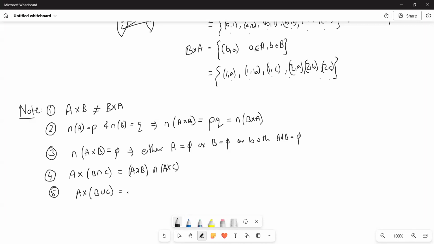A cross B union C is A cross B union A cross C. Sir, this is distributive law. Yes, distributive law for Cartesian product. Cartesian product also follows the distributive law.